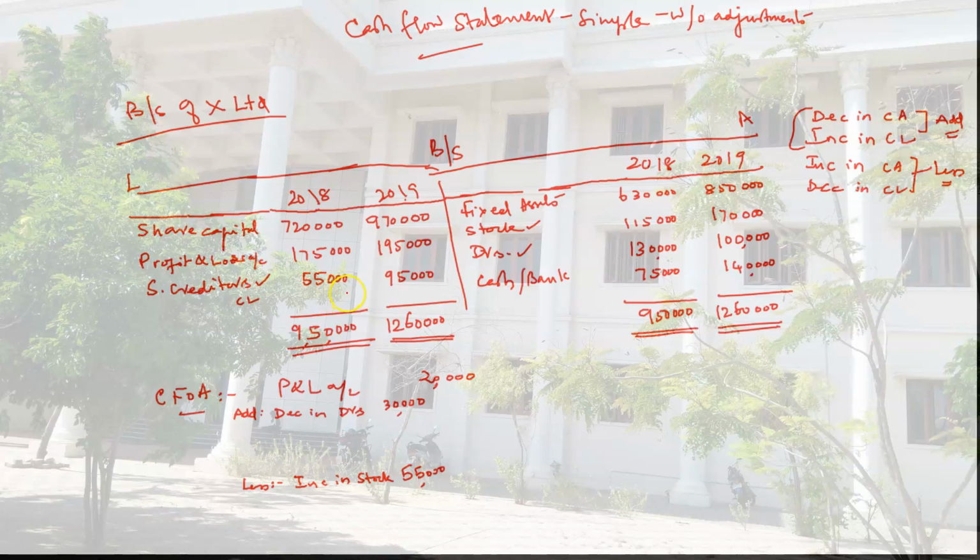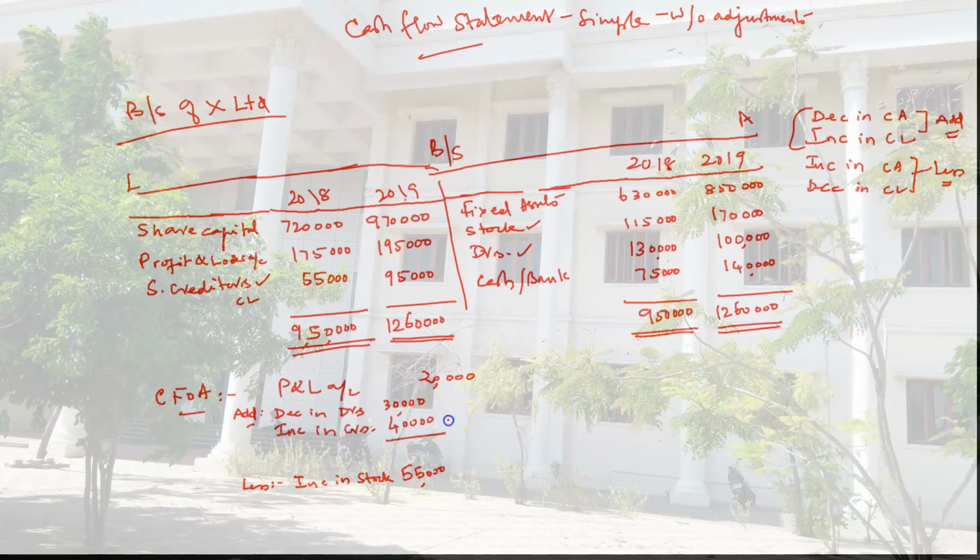It will increase your cash. When you are getting your materials on credit, your cash outflow will not be there. You will have more cash in hand. So the increase in liability, especially creditors, will add to your cash position. So it should be taken as part of the add category. So here I have to mention increase in creditors is 40,000.